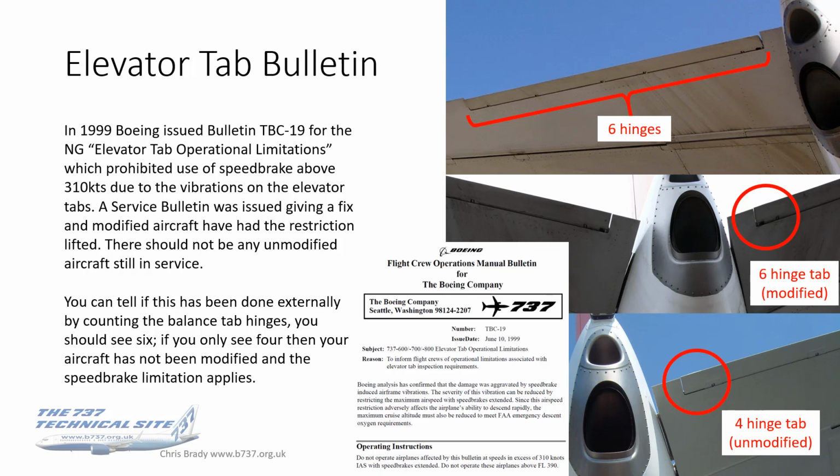In other words, how to tell from the ground or on your walk around whether you need to be obeying this speed brake speed limitation. As I say, you shouldn't find this. All companies should have had this done by now, but you never know. There are thousands of these aircraft built, so you may come across one.